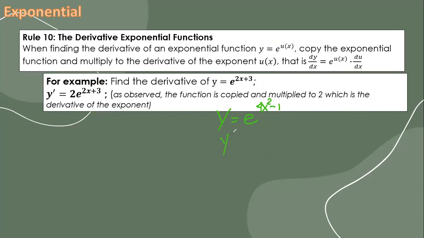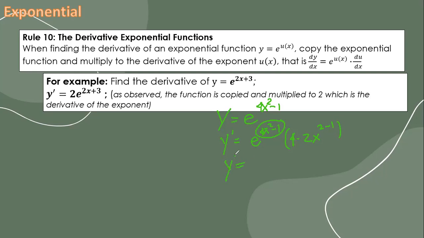Okay, so y prime, copy lang daw, e raised to 4x squared minus 1, multiply to derivative ng exponent, that is 4x squared minus 1. Ang derivative niya ay 4 times, bababa yung 2, x raised to 2 minus 1, minus derivative ng 1 is 0. Okay, simplify natin.